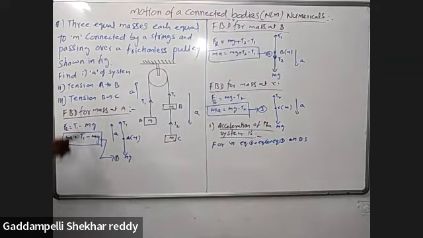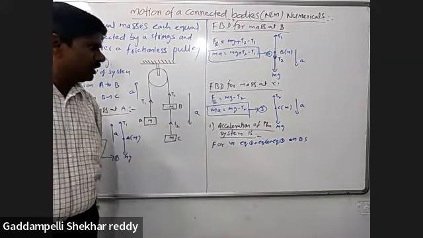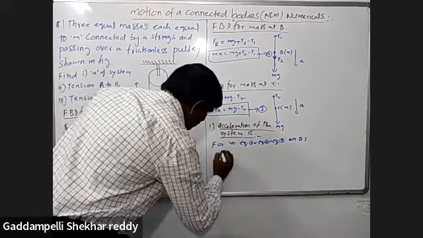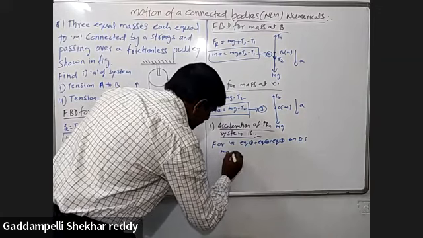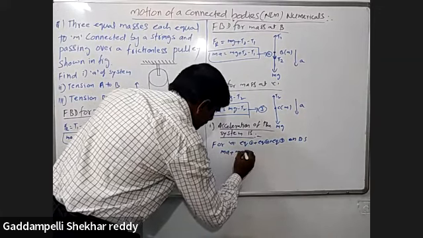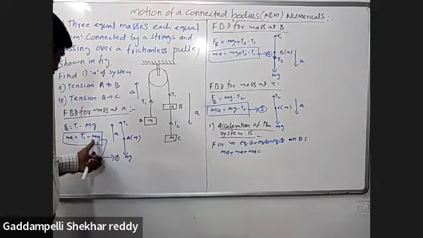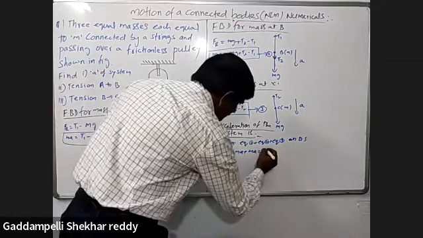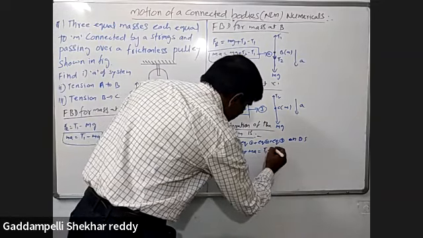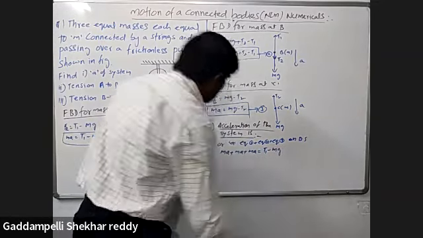So your first equation MA, second equation MA, third equation MA. So that means MA plus MA plus MA. Right side, first equation: T1 minus mg.